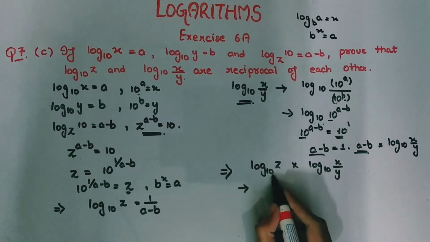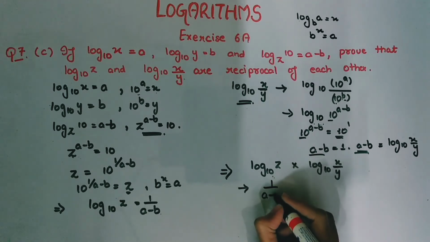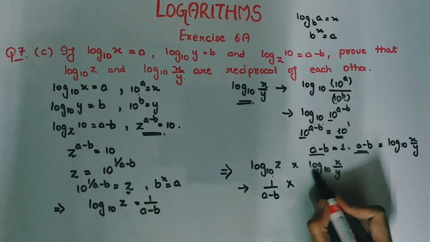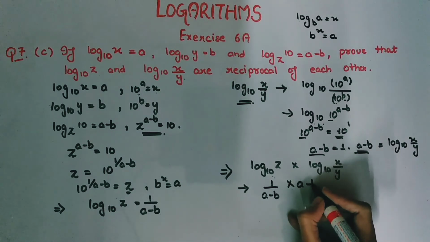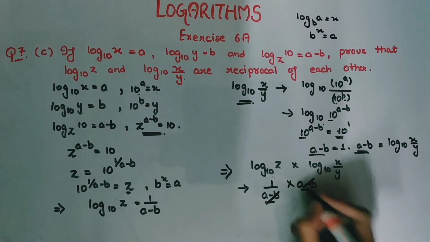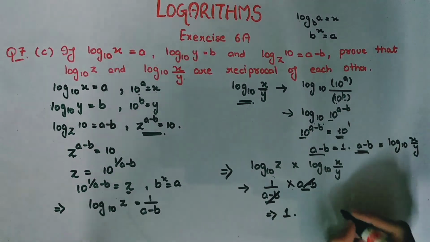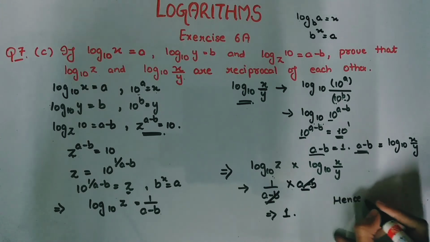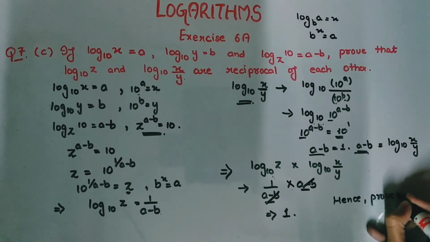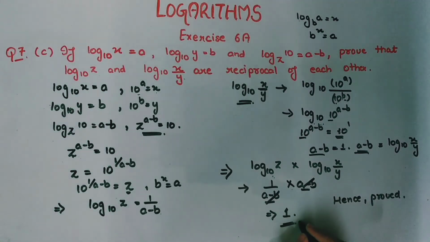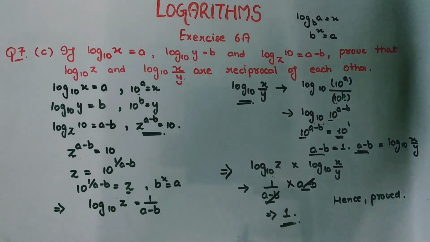Now we fill the values: the value of log z to base 10 is 1 divided by a minus b, multiplied by the value of log of x by y to base 10, which is a minus b. A minus b and a minus b get cancelled. Hence the answer is 1. If these are reciprocals, then only the answer while multiplying them is 1. So we have proved that these terms are reciprocals of each other.